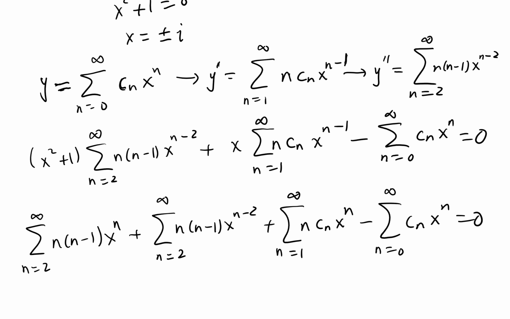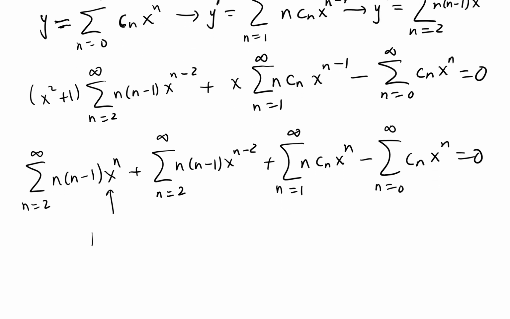Notice all of them have x to the n, except the second term, which has x to the n minus 2. So how are we going to deal with this? Exactly as we did before: for this one, k equals n. For this one, k equals n minus 2, so n is k plus 2. Here k equals n, and here k equals n.